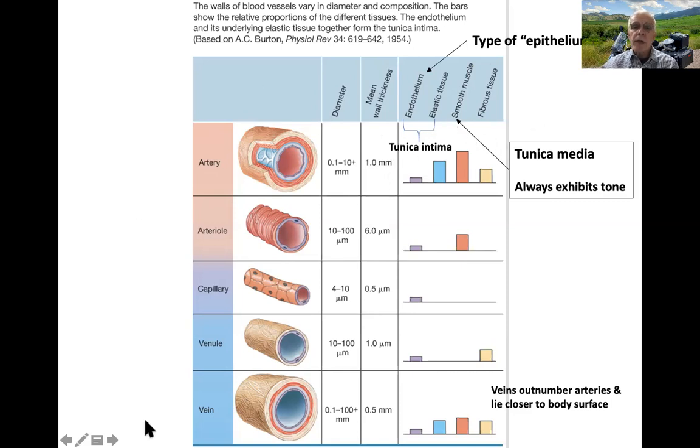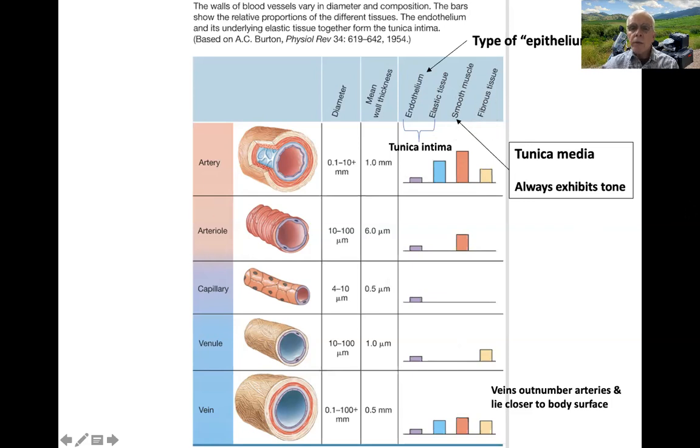And again, it's the same throughout the entire cardiovascular system. Endothelial cells line the heart, arteries, arterioles, capillaries, venules, and veins. These other components, though, change in the extent that they are developed within these various vessels. So the first thing we see here is elastic tissue, and then smooth muscle, and then fibrous tissue.